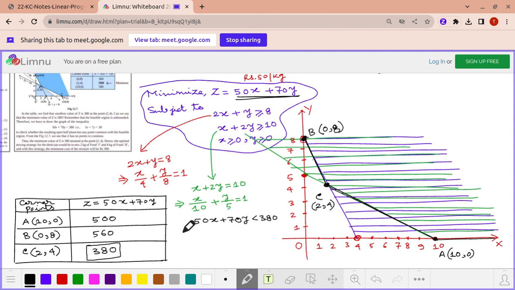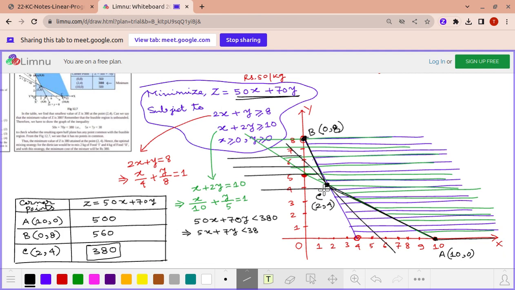Now if we simplify 50x plus 70y less than 380, that becomes 5x plus 7y less than 38. Now we need to plot that one as well. It will be a line something like this. So let me plot it here. It will be something like this, and it is less than 38, so it will be this portion.